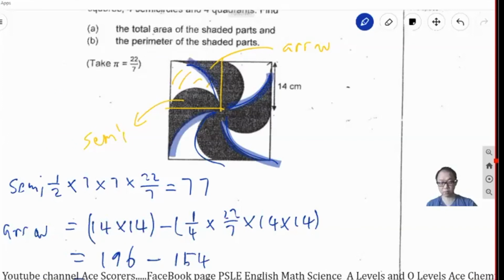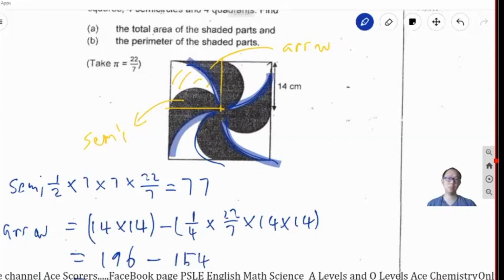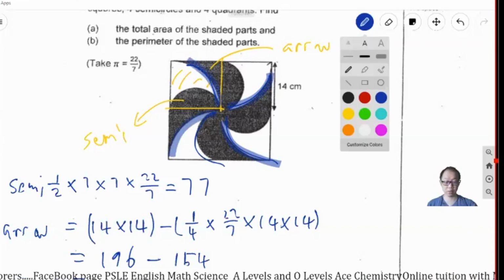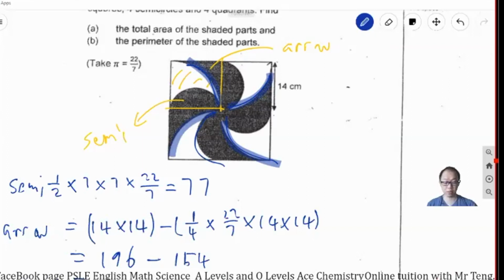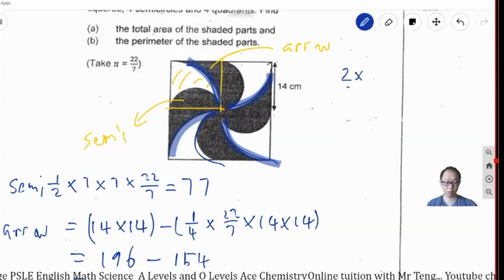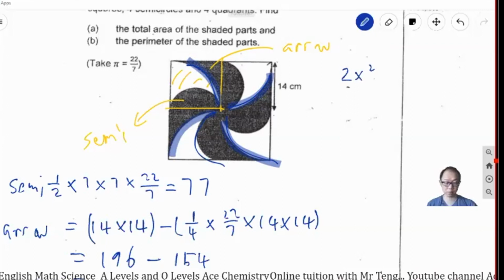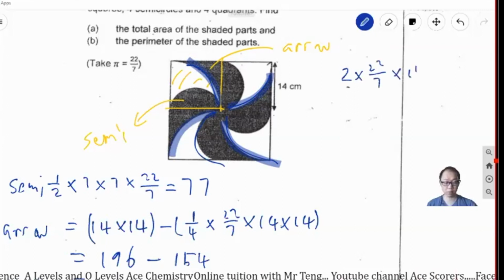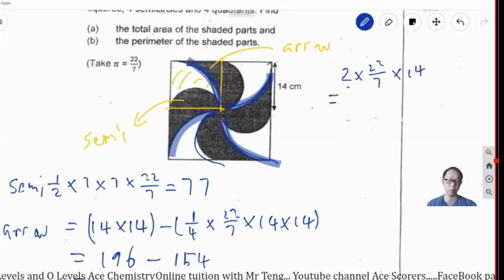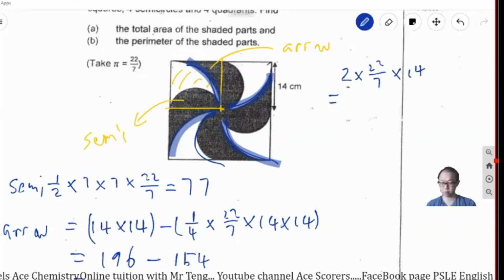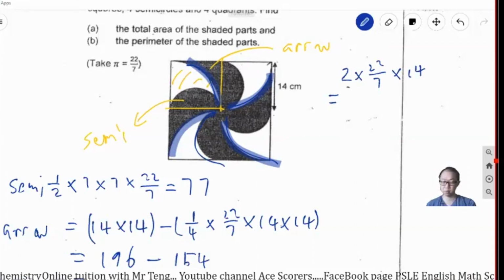Right, so the 4 quadrants will make one circle, which means I can find the circle pretty easily. It's just 2 times pi times r. So the radius is 14. So the blue color part is 2 times pi times r, 2 times 14 times 22 over 7, which is 88.